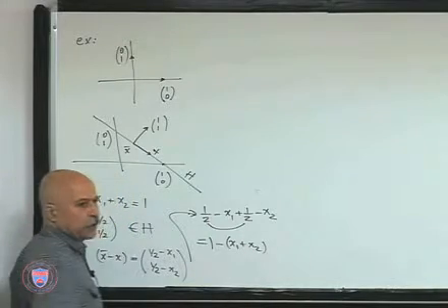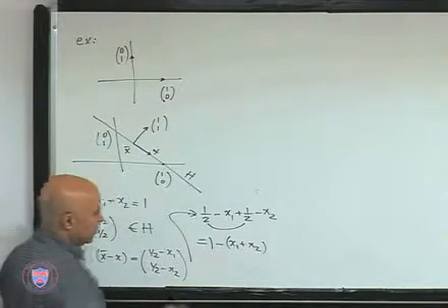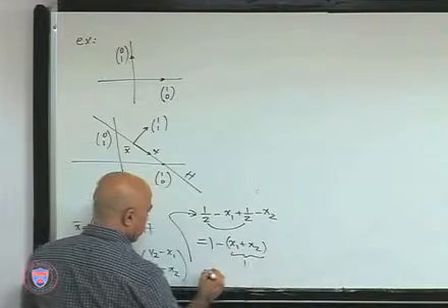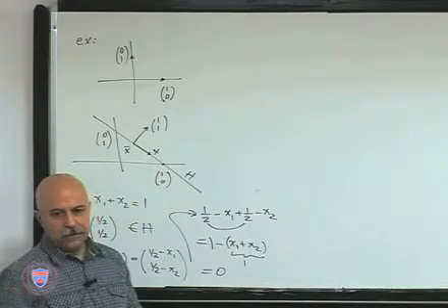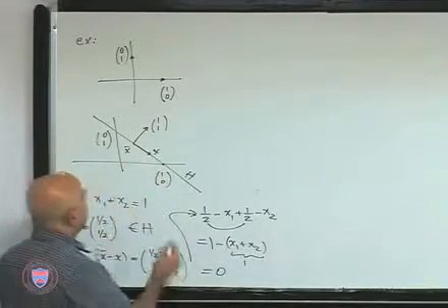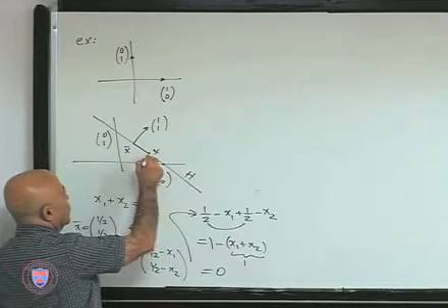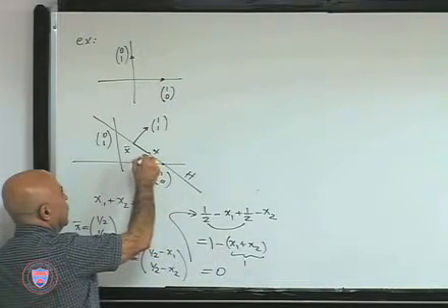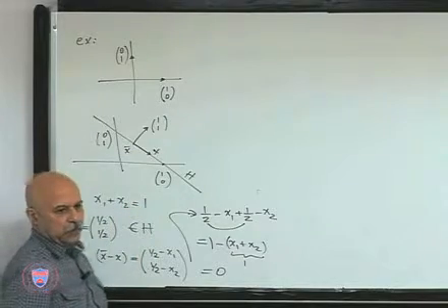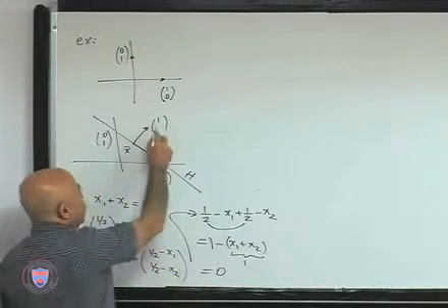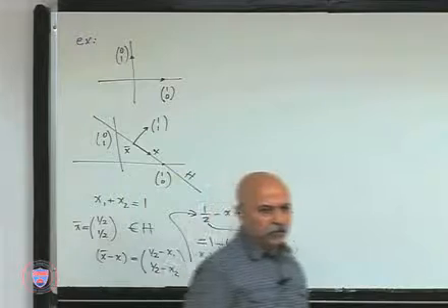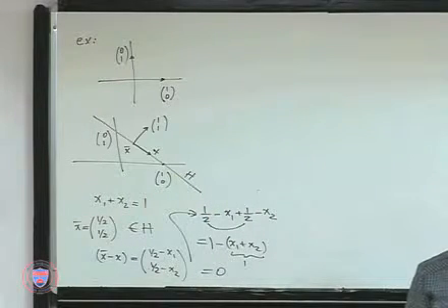But x is a point on the hyperplane by assumption, so x1 plus x2 is also equal to 1, so you get 0. So any point on the hyperplane relative to a fixed point on the hyperplane is orthogonal to 1, 1.